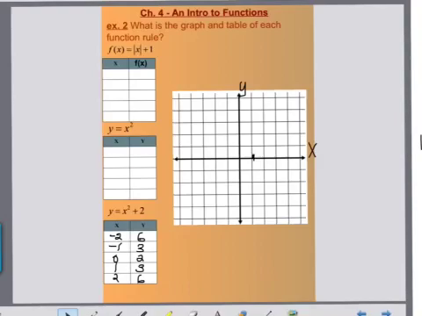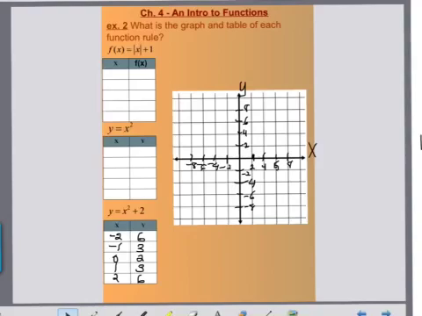So now let's count by 2's on each line. So don't skip a line. So 2, 4, 6, 8, and -2, -4, -6, -8. Well, we're going to plot our first point.